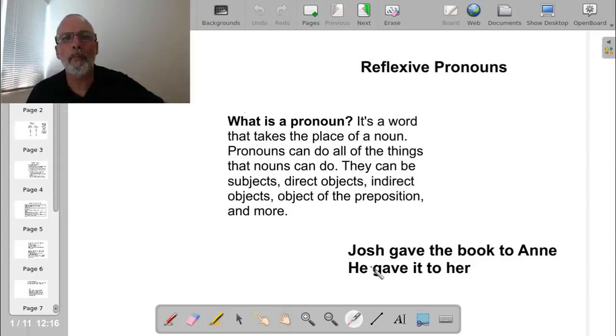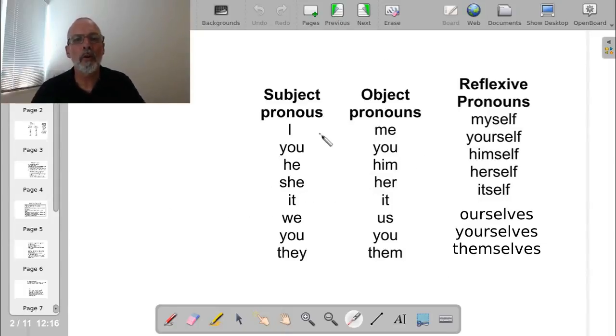We're using 3 pronouns. So let's continue with the next page, because we've already seen in level A1 and level A2 the subject pronouns that we use to replace the subject of a sentence, and the object pronouns that we use to replace the direct object, the indirect object, or the object of a preposition.